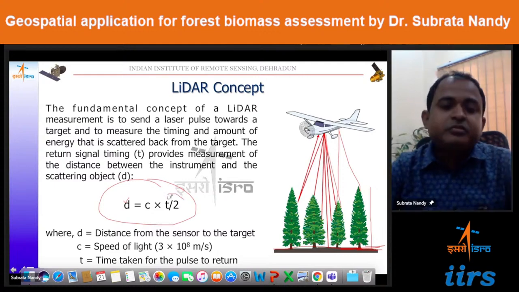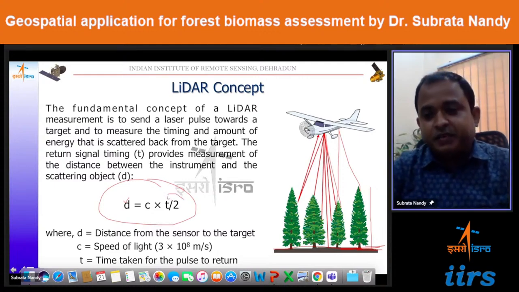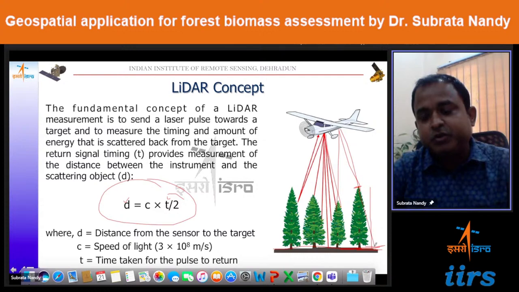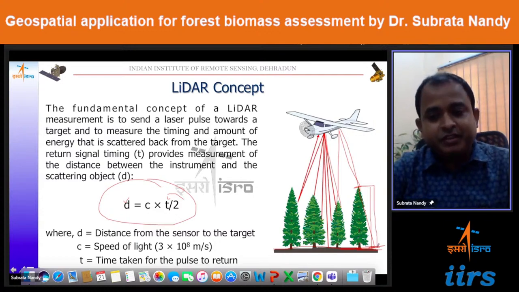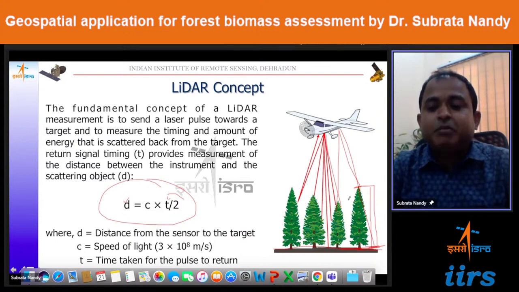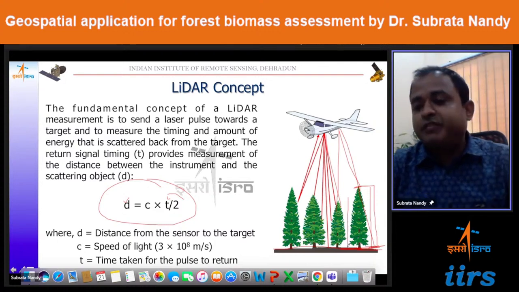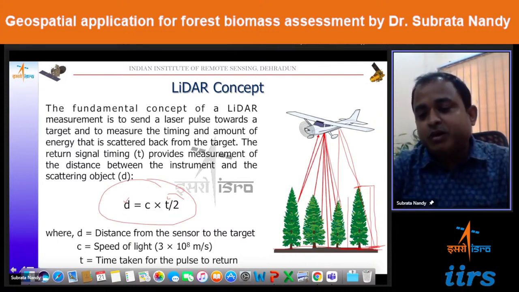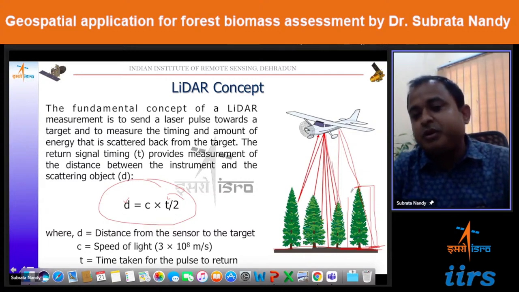By this, if I can get the distance from here to here, I can get the distance from here to here as well. So using this, I can calculate the height of the trees. But care should be taken that some of the pulse should reach the ground or the reference. Otherwise, if everything goes from up, we can get the distance only, but we won't be able to get the height of these trees.